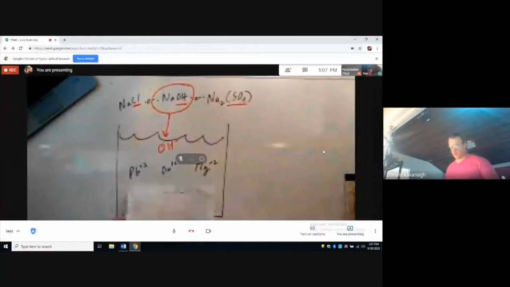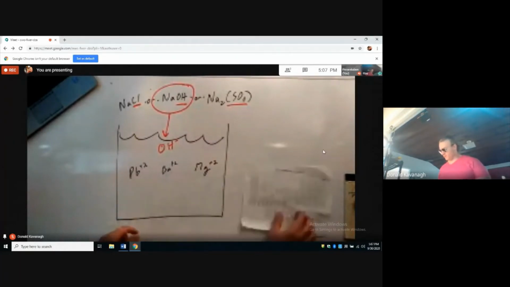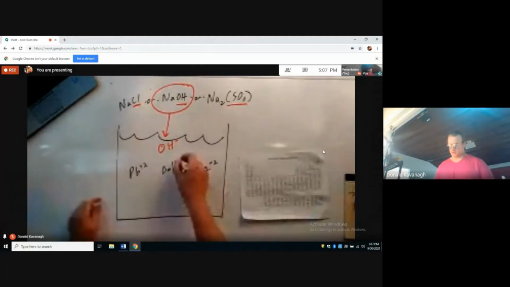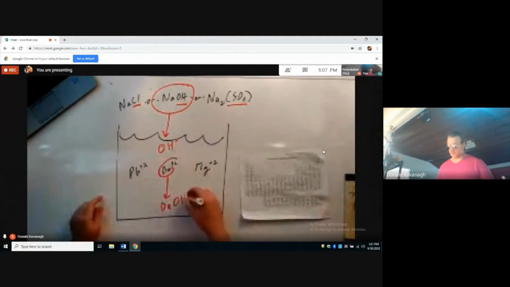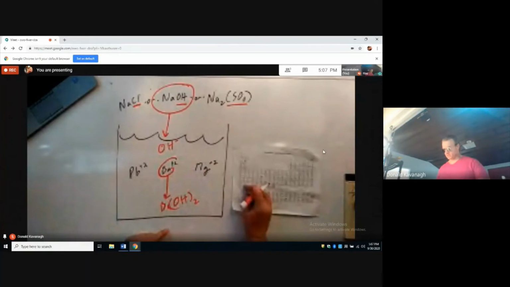If we look at our periodic table, that means that barium is below calcium, so that will precipitate out as barium hydroxide or crash out of solution because it is below calcium. Magnesium will stay in solution.